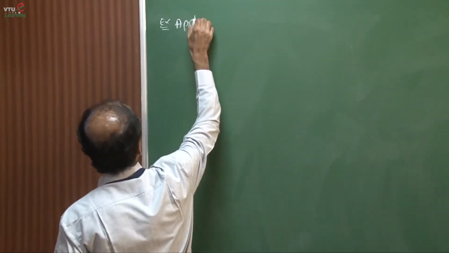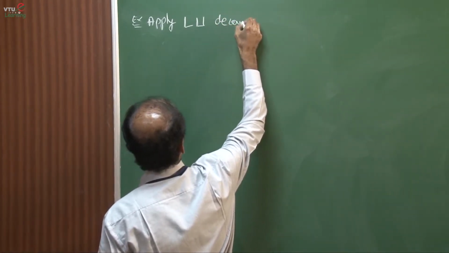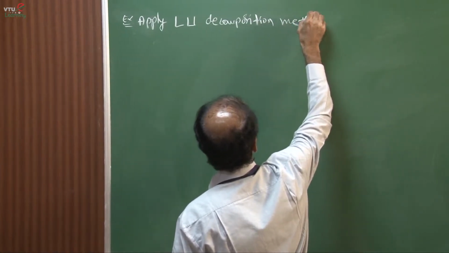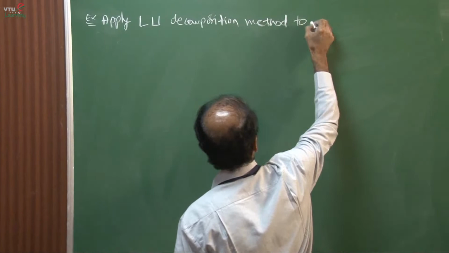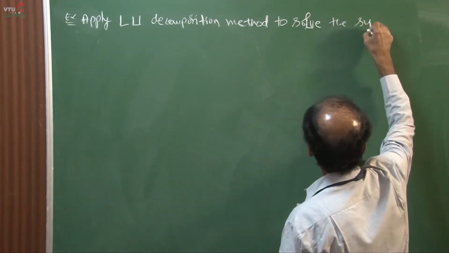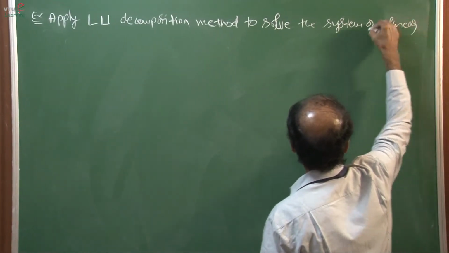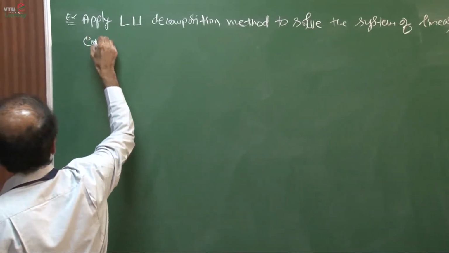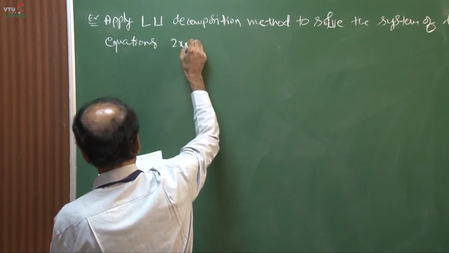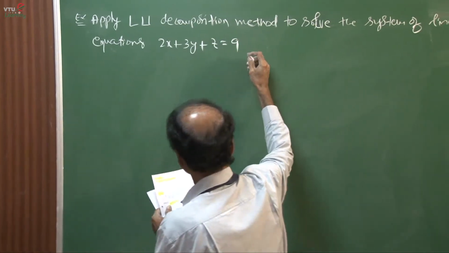Apply LU decomposition method to solve the system of linear equations: 2x plus 3y plus z equal to 9.